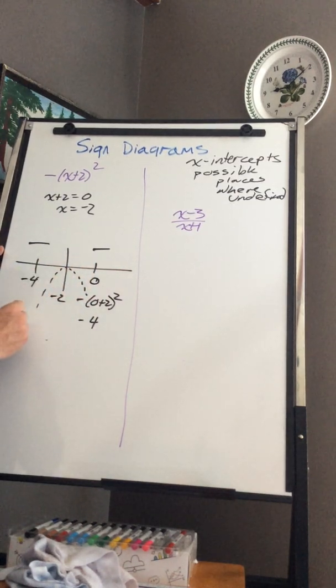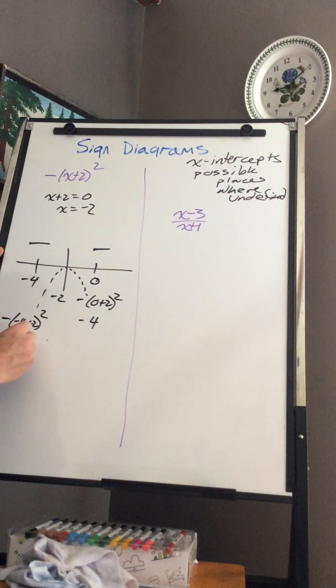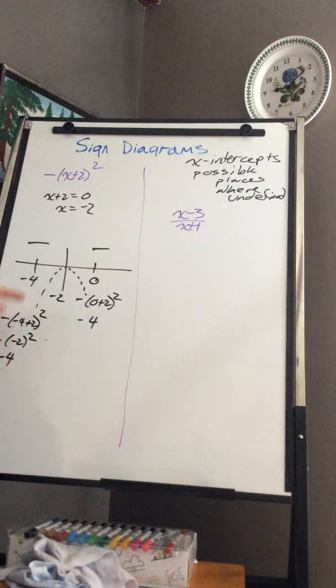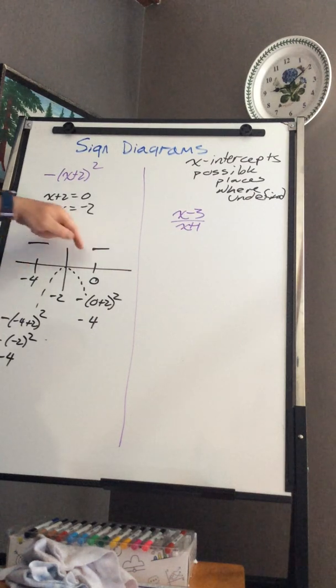Proof: negative (negative 4 plus 2) squared, negative 2 squared, which gives me negative 4. Same thing. Pretty straightforward. Negative 4 was negative, so that means over here is negative and over here is negative.